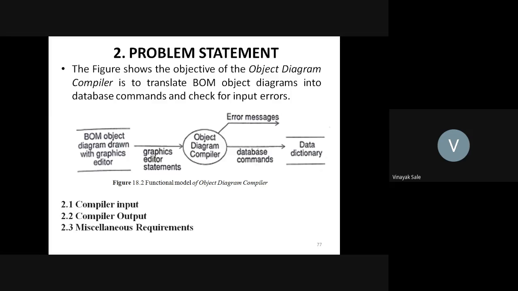If there is an error, it sends an error message, and the remaining part is sent to the database commands stored as a data dictionary. This problem statement has three parts: compiler input, compiler output, and miscellaneous requirements. We will study these three parts in depth.